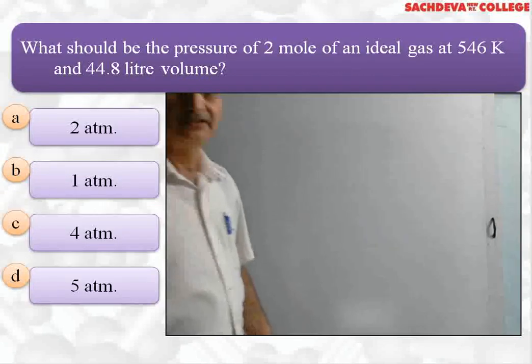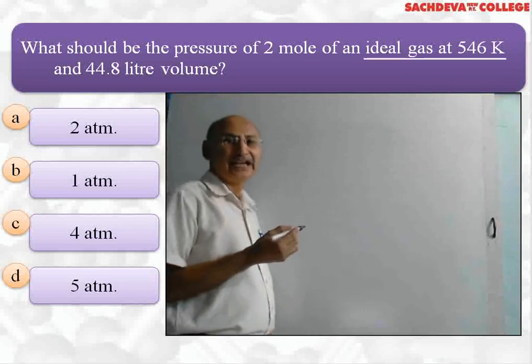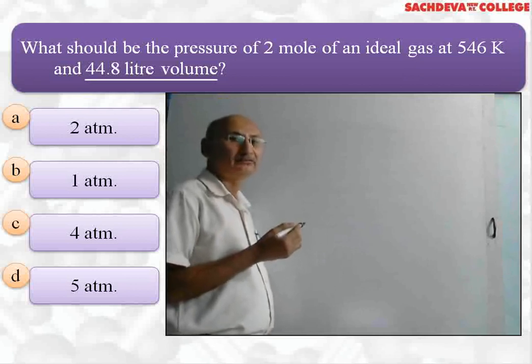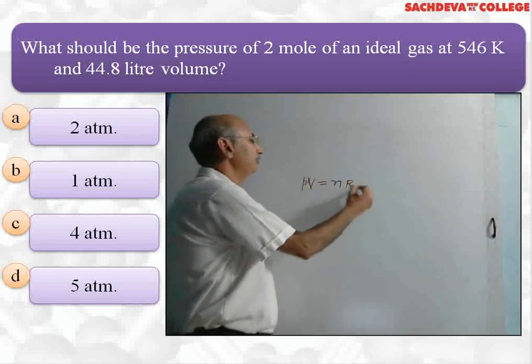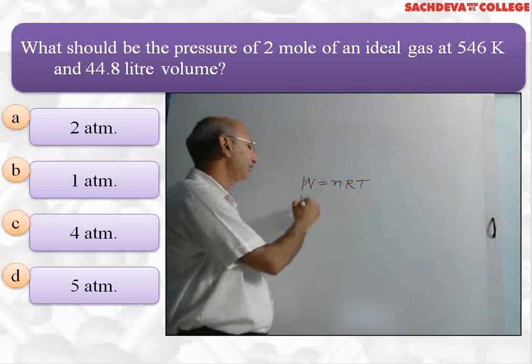Next question. What should be pressure of 2 moles of an ideal gas at 546 Kelvin and 44.8 liters volume? Here the formula used will be PV is equal to nRT. Pressure we have to find out.